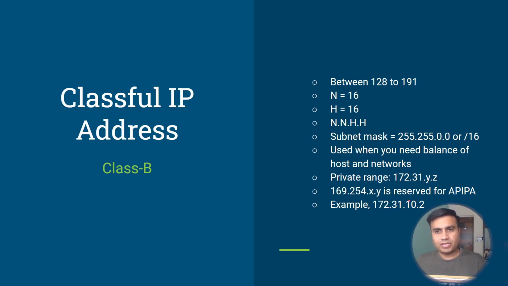Example is this. If you look at this IP address, you should be able to tell this is 172, which means it comes in the class B range. This is class B. What will be the CIDR? CIDR will be this. Is it private or public? Since it is 172.31, it is private. If it was 32, it would be a public IP. Okay, hope you are getting it.